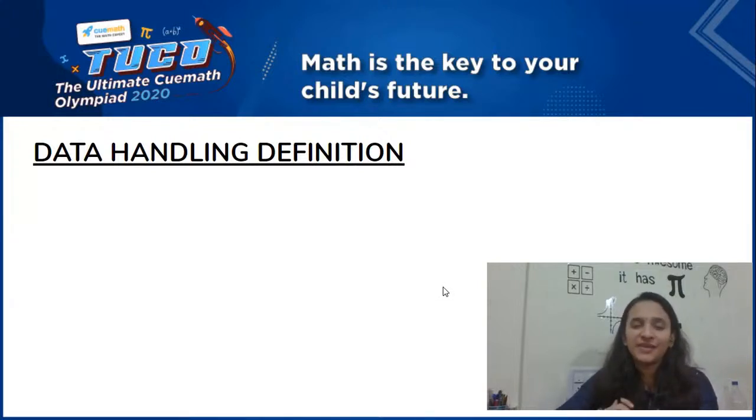All in all, in very simple words, if you have massive information scattered everywhere, you structure it so that it becomes very easy to read and understand. And if you specifically need a piece of information out of that, it should become very easy after you have structured it. That whole process is called data handling.